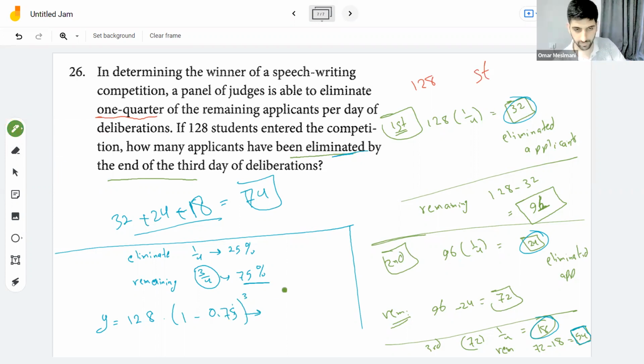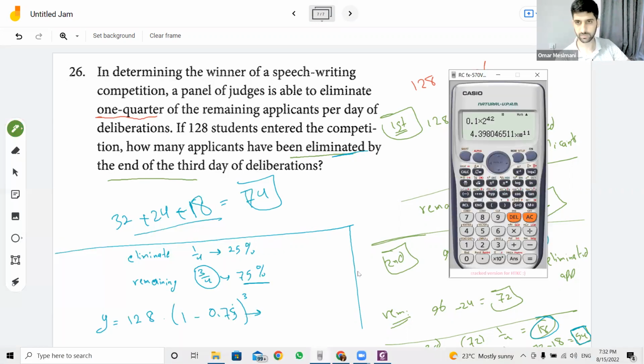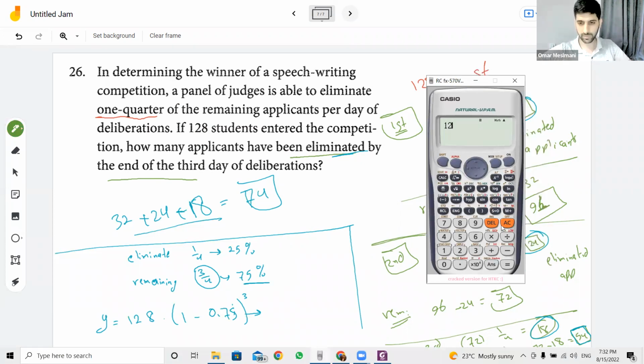128 multiplied by, open a bracket, 1 minus 0.75, close the bracket, power 3. Why 2?